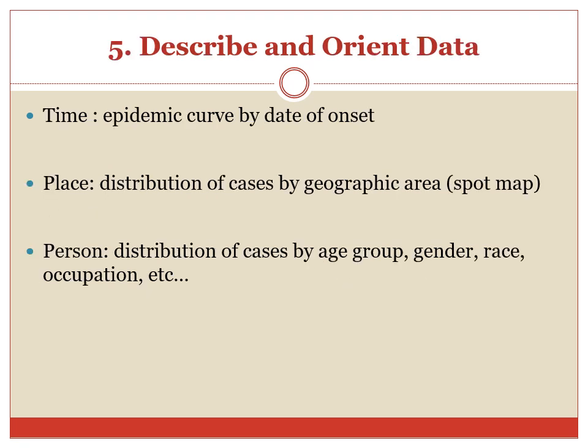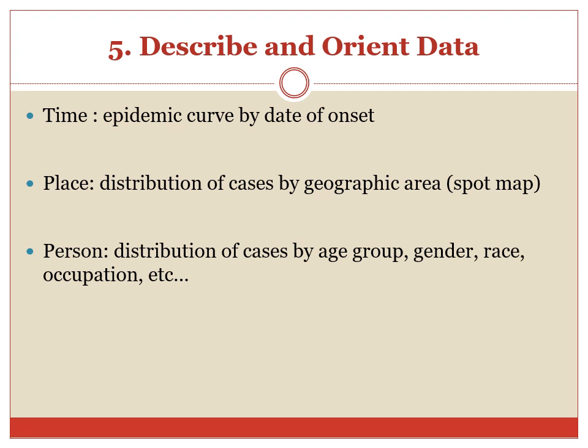The 5th step in outbreak investigation is to describe and orient the data. And we describe them again with time, place, and person. We can describe the data by time, and we draw an epidemic curve by date of onset, and we will look at epidemic curves more later on in the following slides.